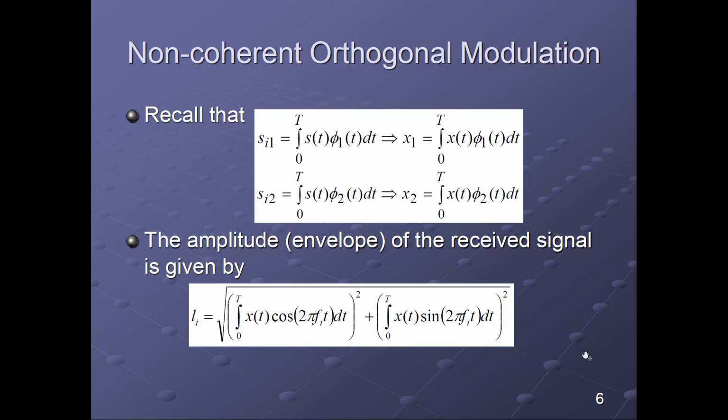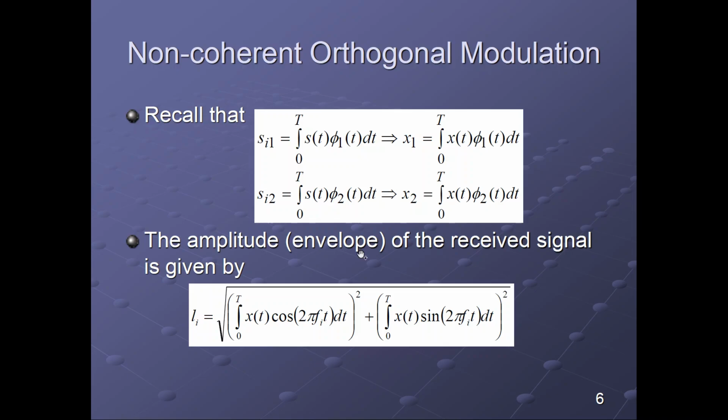Now psi 1, how did we find psi 1? We got the received signal, and we took its product with phi 1, the dot product operation, which means the projection of the signal along phi 1, and psi 2 is the projection of the signal along phi 2, which is the second basis function.